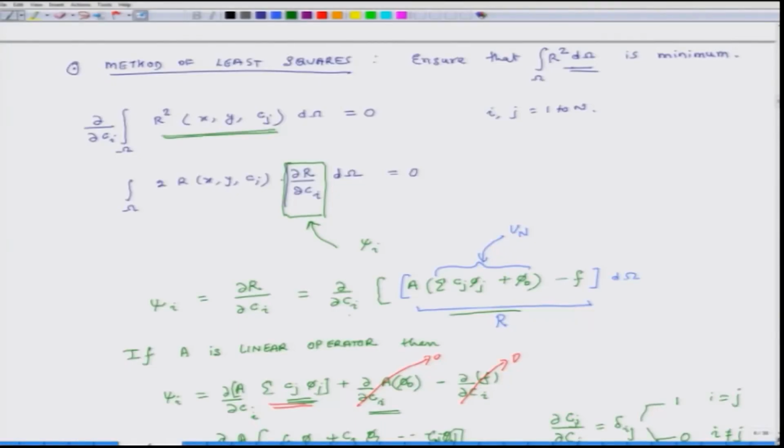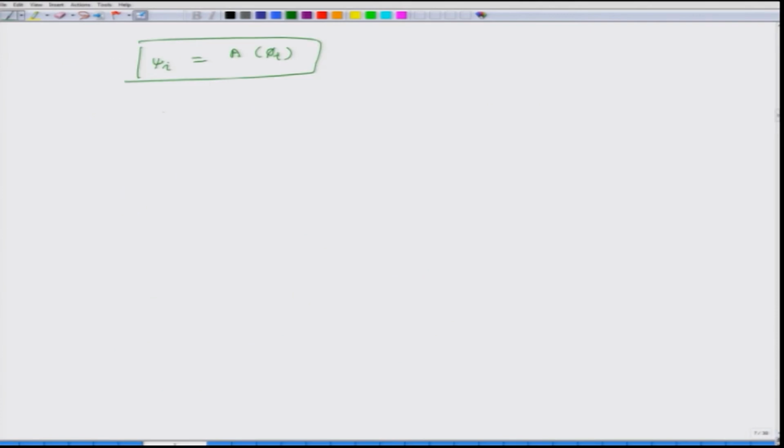Same thing is true here also, this is r square. So, this functional also looks mathematically similar to the I functional which we had discussed in context of the Rayleigh-Ritz method. Because of that reason, here the A matrix will be symmetric. So, in the method of least squares, your A matrix is going to be symmetric.